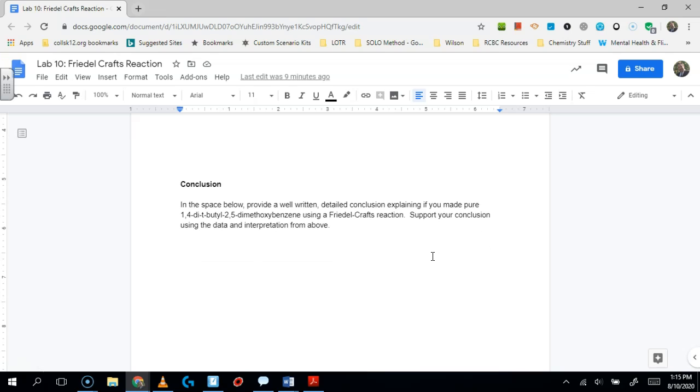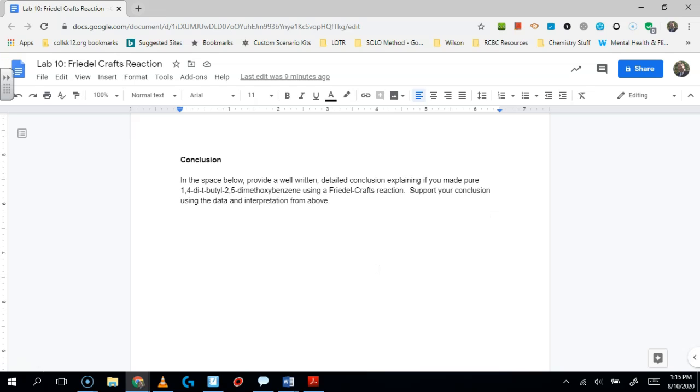So you want to write a well-written, detailed conclusion saying whether you made this compound, the 1,4-di-tert-butyl-2,5-dimethoxybenzene, and whether you made it pure, okay? And you're going to use all the information above to support that.